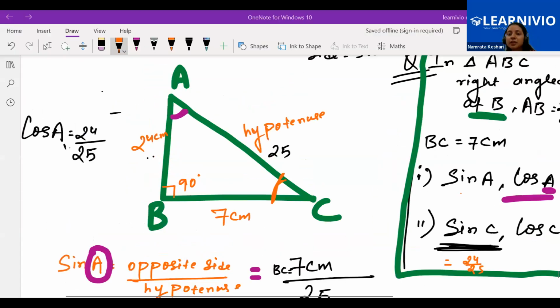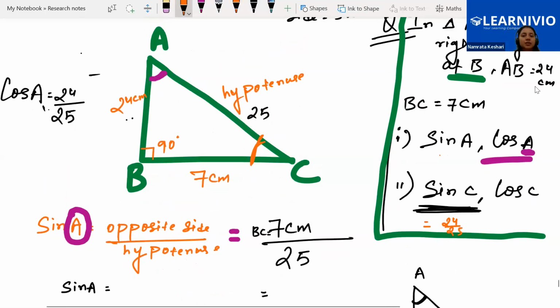What have you got, Sumaya? Ma'am, is it 7 by 25? Yes, it is 7 by 25.